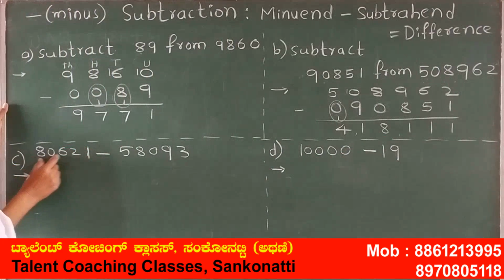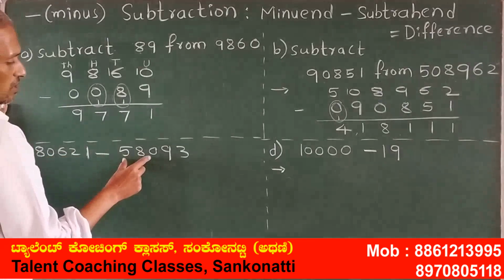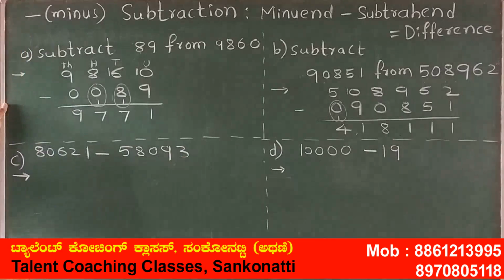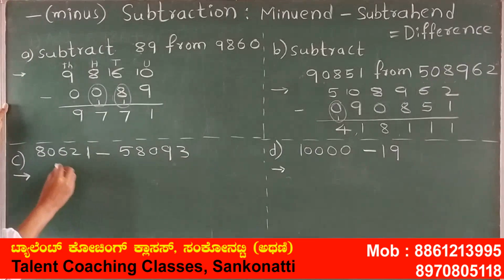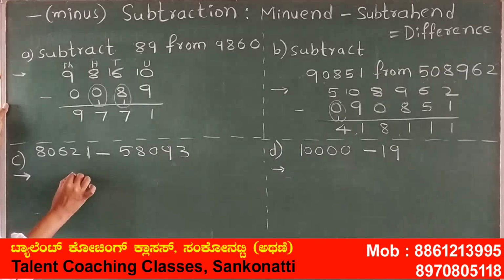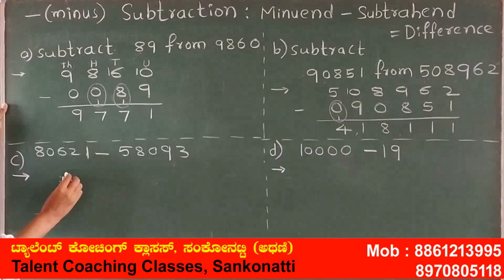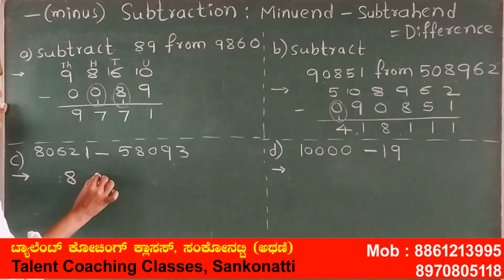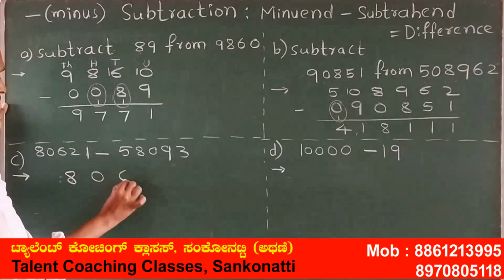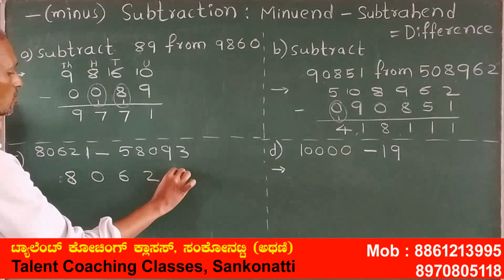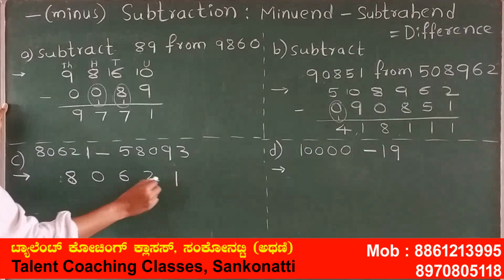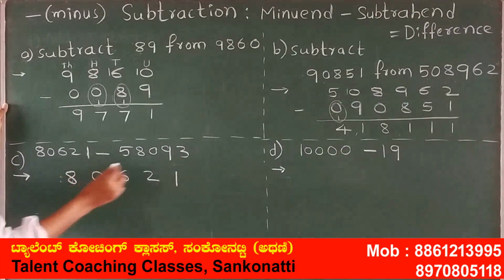Now let's subtract these two numbers. This is the greater number, this is the smaller number. 80,621 and 58,093. We will write these numbers by giving space in between: 8, 0, 6, 2, 1. This is unit, 10, 100, 1000, 10,000.